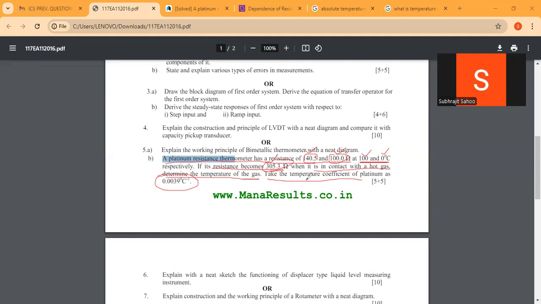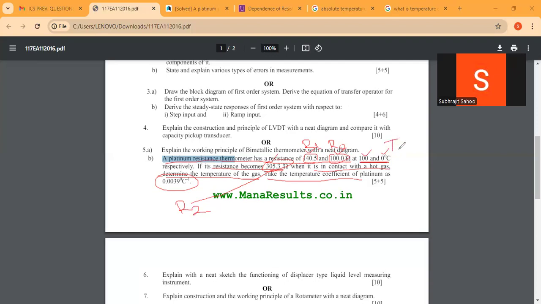This one is R naught, this value is R1, and this value 305 is R2.